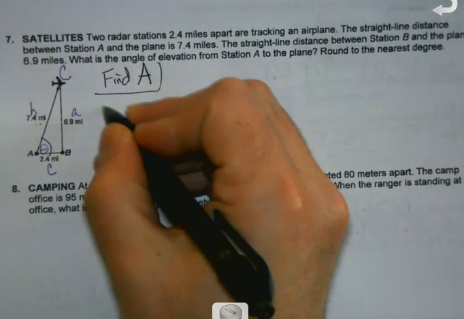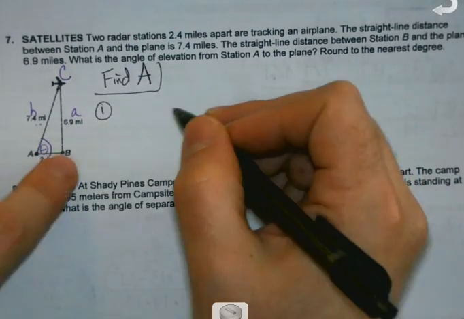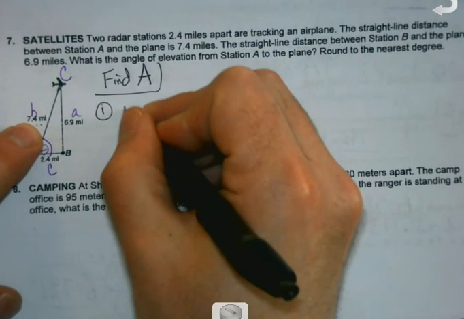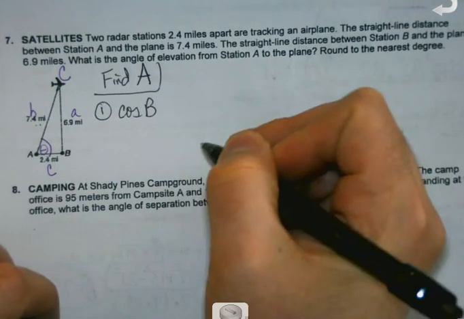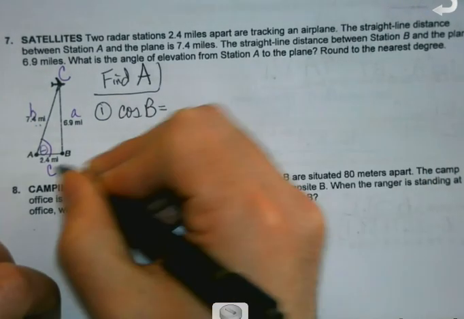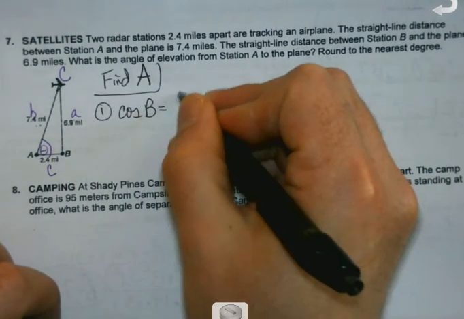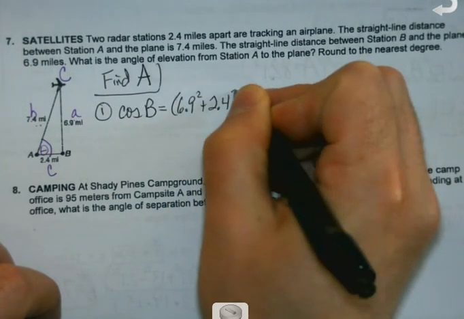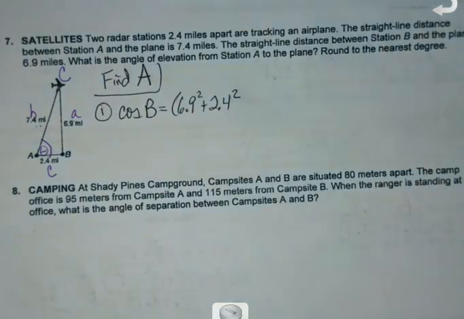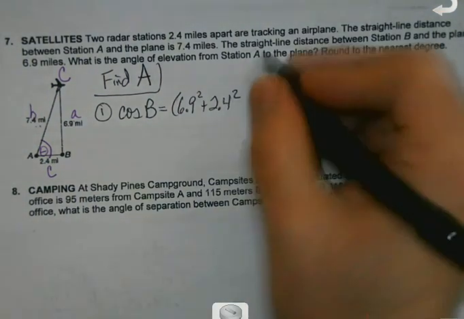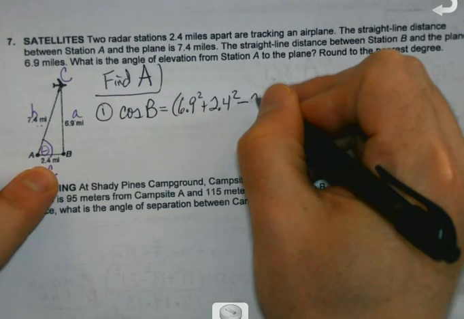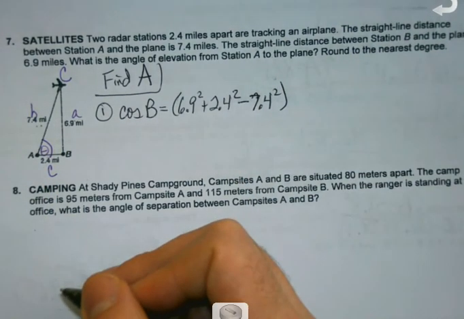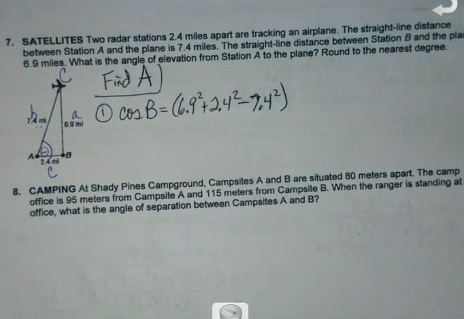So I sit here and I go, okay, step one, I'm going to figure out what angle B is here because that's my biggest side. So the cosine of B is going to be my other two sides squared, and if you have to, you can flip back and forth. Minus, ooh, I almost messed that up, my b squared. Okay. So for those of you wondering, now wait a minute, what's he doing here again?